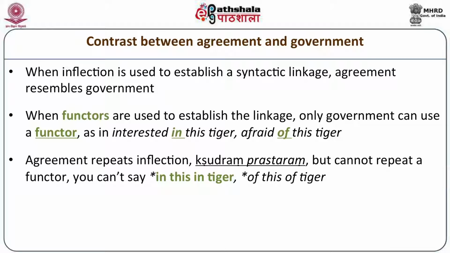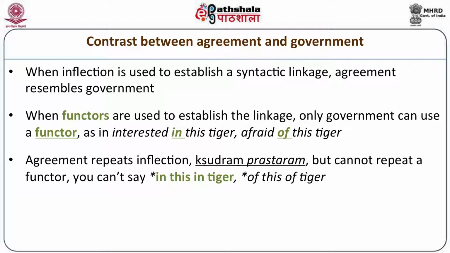One important formal difference between agreement and government to which we want to draw your attention concerns the syntax. A Sanskrit verb governs the case of its object. In English, you never have a verb governing a genitive object. No, you don't have that. But English verbs often tell the dependent what functor to take. You get, he is interested in this tiger.